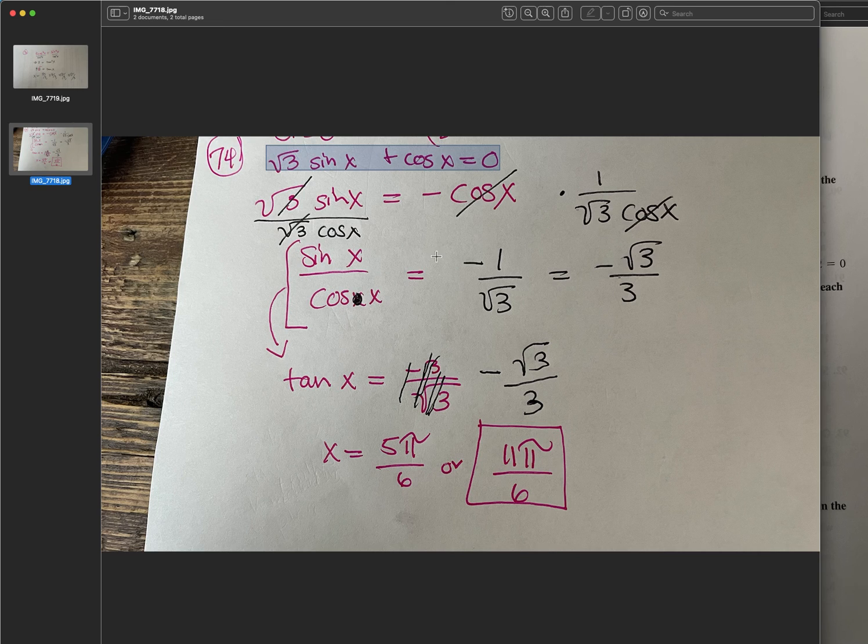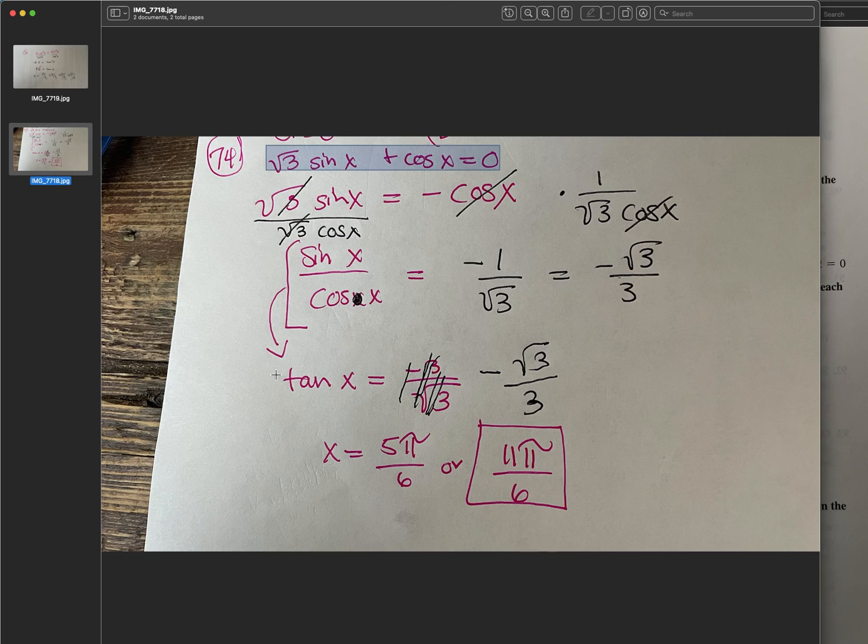And then that leaves me with a negative and then 1 in the numerator and square root of 3 in the denominator, or when I multiply both the numerator and the denominator by the square root of 3 to get radicals out of the denominator. We don't like radicals in the denominator. That becomes negative square root of 3 over 3.